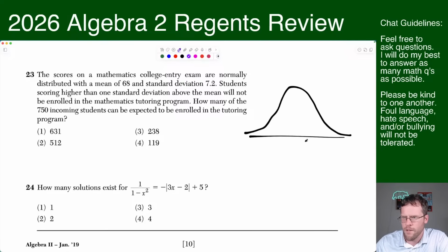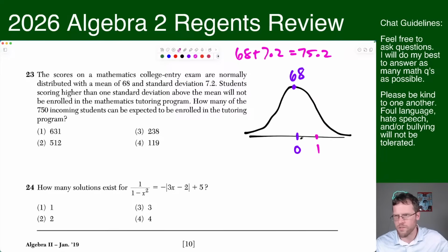So 0 standard deviations is right at the average, so the mean is 68. The standard deviation is 7.2, which means I do 68 plus 7.2, and that would be 75.2.